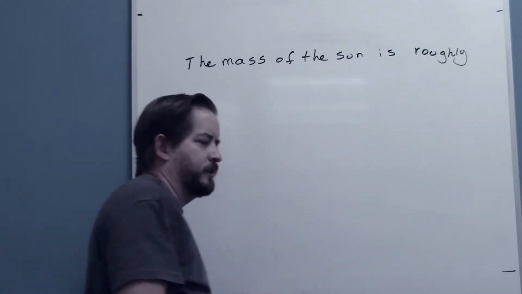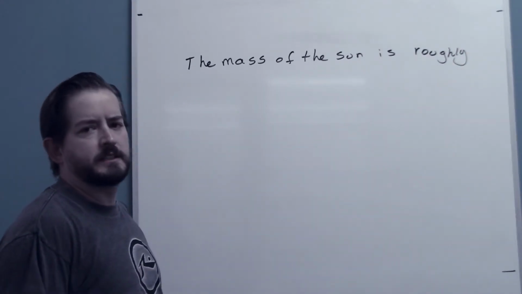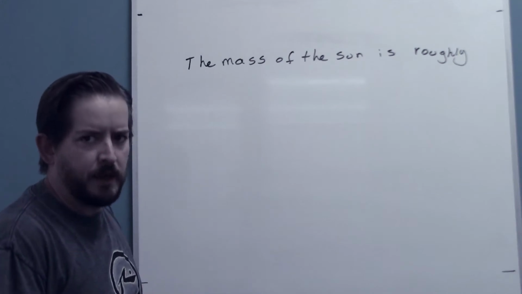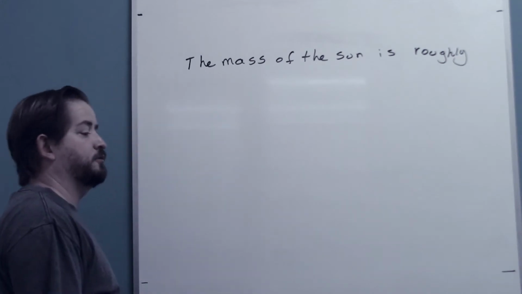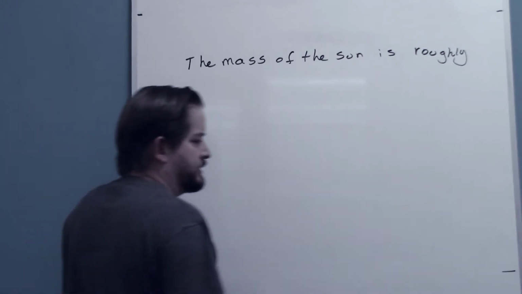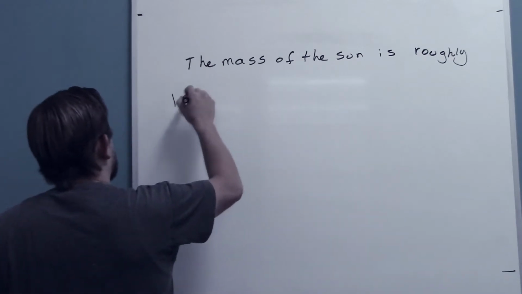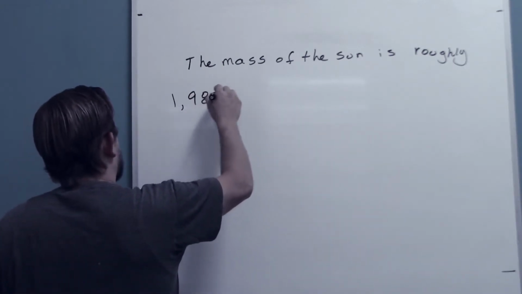Alright, so it's a rough, like the first, they have 4 digits that are accurate, and then after that it really doesn't matter because we're talking about a tiny fraction of the whole. But this number is huge. It's 1, I think it's 989.